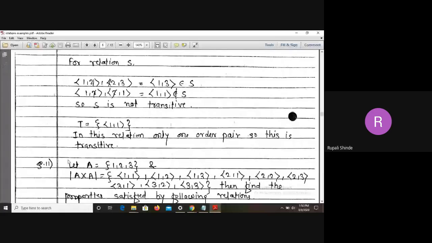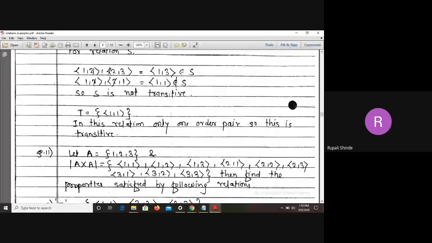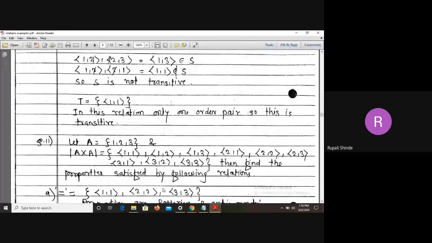Next question is given. Let A equal the set 1, 2, 3 and the Cartesian product of A is given. That is, this is a relation. Then we have to find out the properties satisfied by the following relations. So the first relation is given as the equals-to relation.